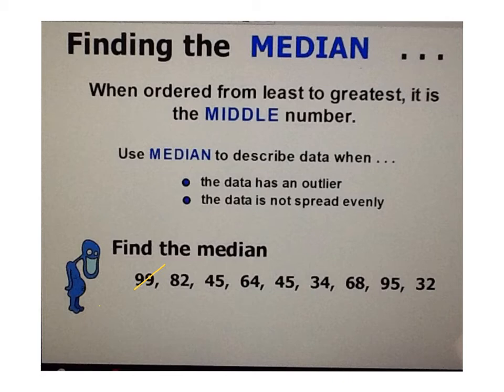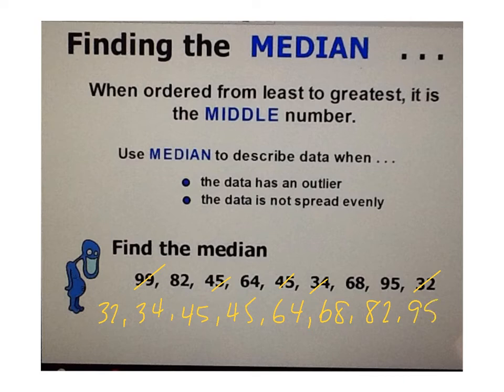That means we would have 32, 34, and then we would look at 45 and 45, and again we would have 64, 68, 82, and 95.